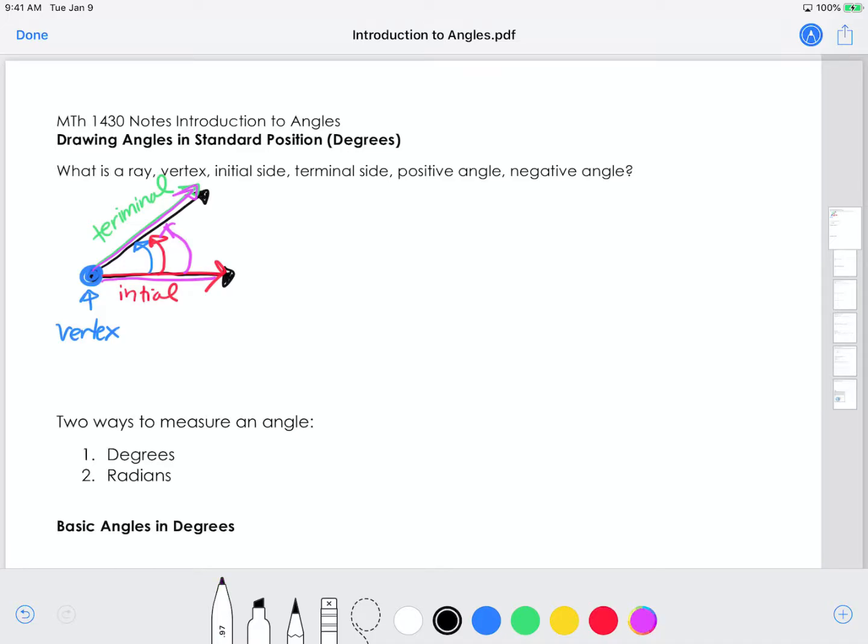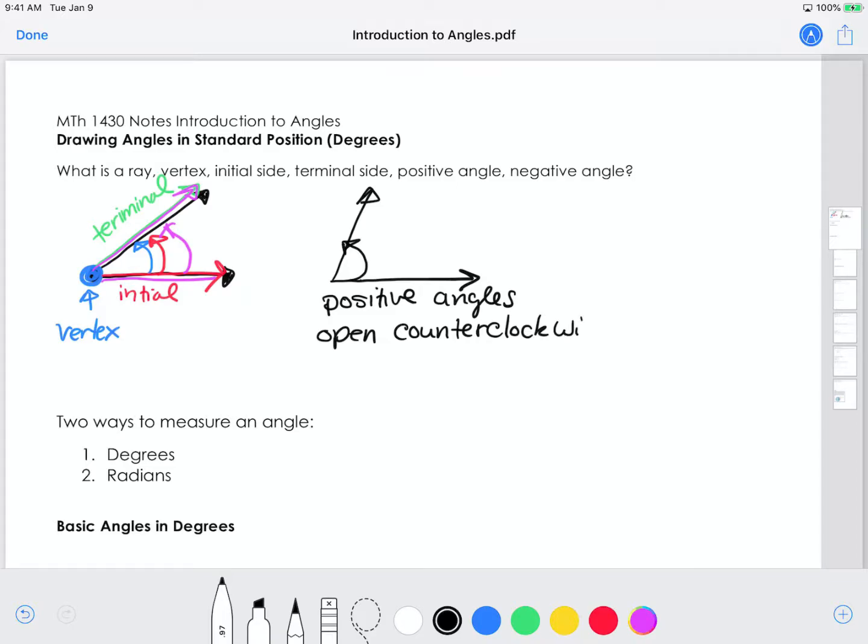Now, when you have an angle that's formed because the angle sweeps open in the counterclockwise direction, that's called a positive angle. So positive angles open counterclockwise.